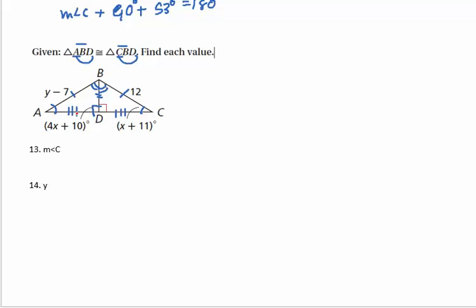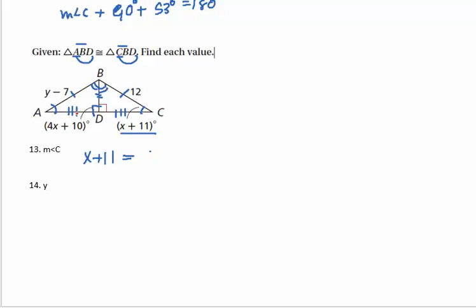So we have all the congruent parts marked, which will make it easier to set up the equations we need to find the missing angles. So to find the measure of angle C, the expression for angle C is x plus 11, and it is equal to the measure of angle A, which is marked, no, it's not marked, is it?